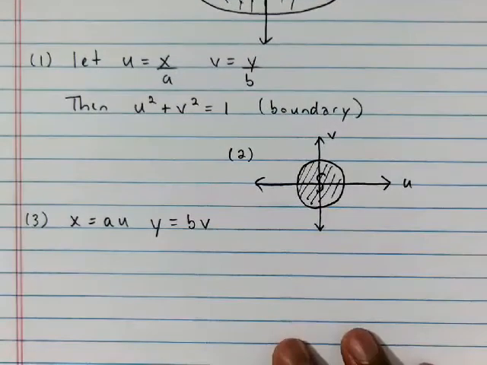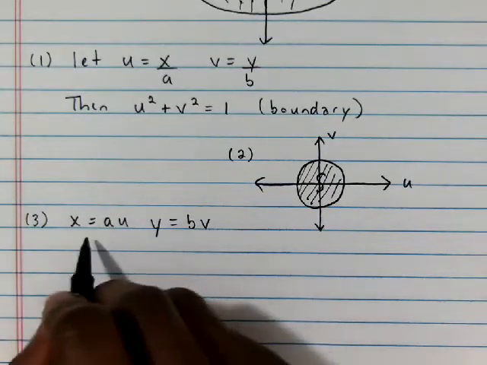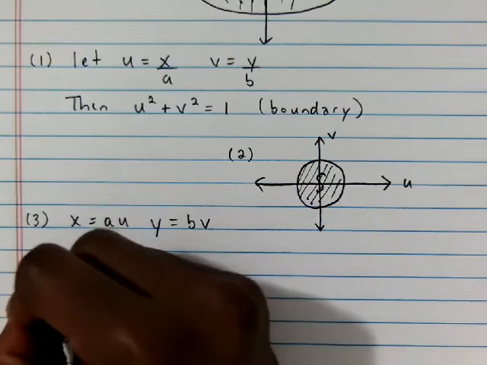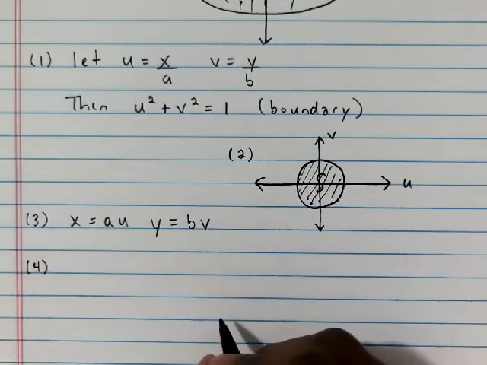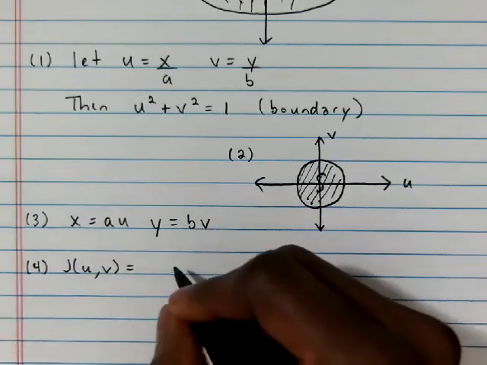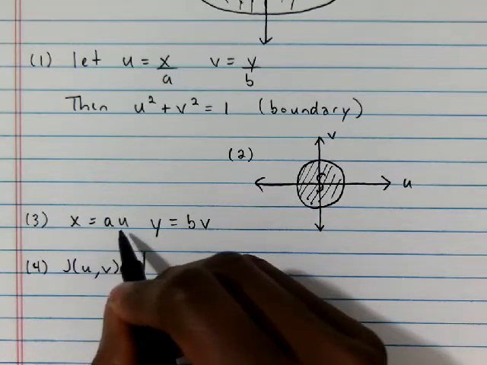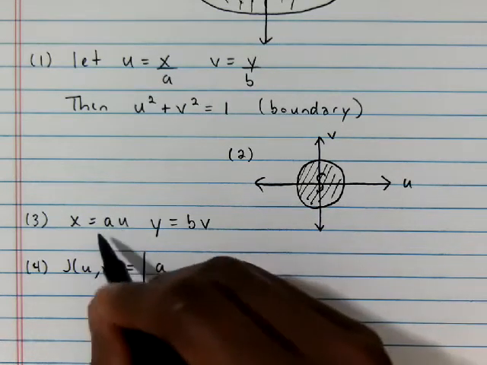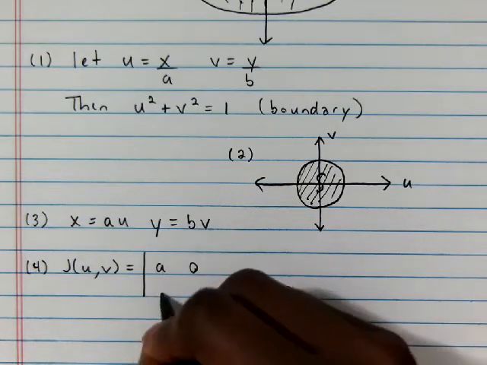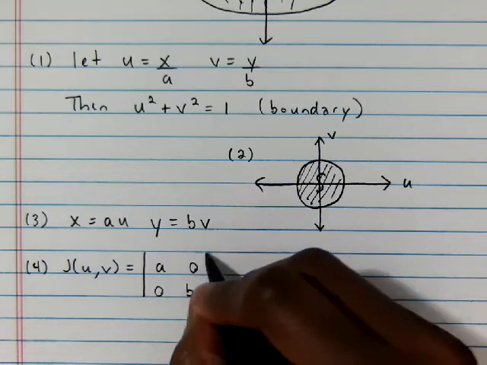Now we're ready to find our Jacobian. And we don't have to use the reciprocal approach. We can just find it directly from these two. So the Jacobian is equal to the partial of x with respect to u, which is a, the partial of x with respect to v, which is 0, the partial of y with respect to u, which is 0, and the partial of y with respect to v, which is b.